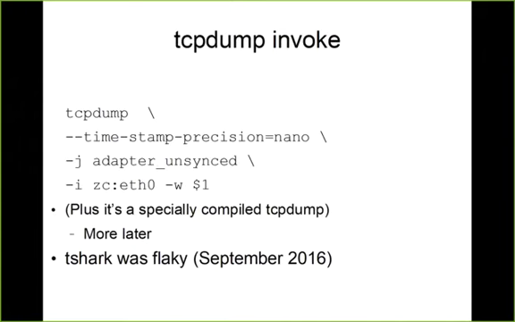And then you do -j adapter_unsynced, which is a timestamp type from which you can say adapter, adapter_unsynced, or system, a couple of choices. -i, ethernet0, the zero copy version of ethernet0, and I'll get to what zero copy means within a slide or two, and then you write your capture file. This is a specially compiled tcpdump, more later.